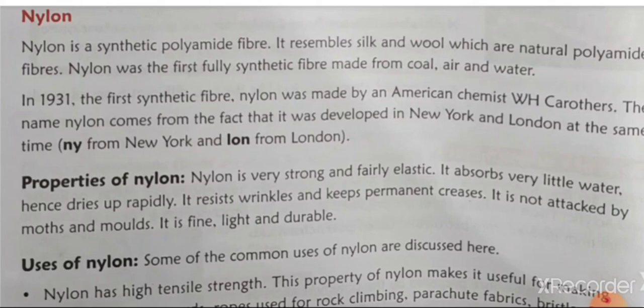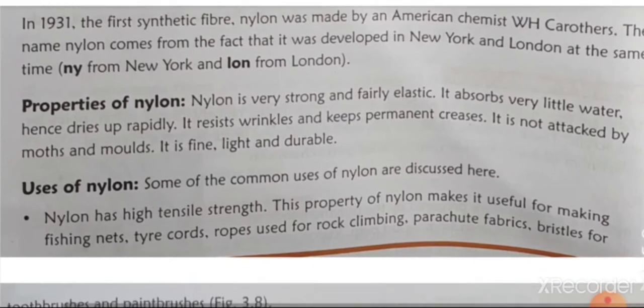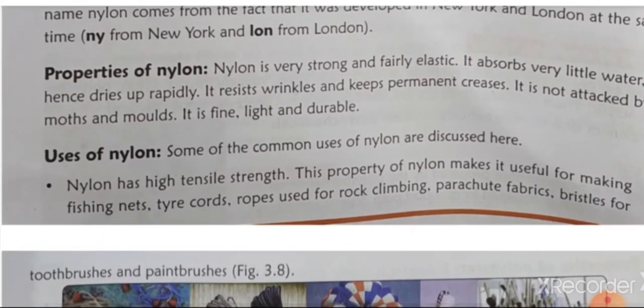The name nylon comes from the fact that it was developed in New York and London at the same time. That is why NY from New York and LON from London. Together it forms nylon.